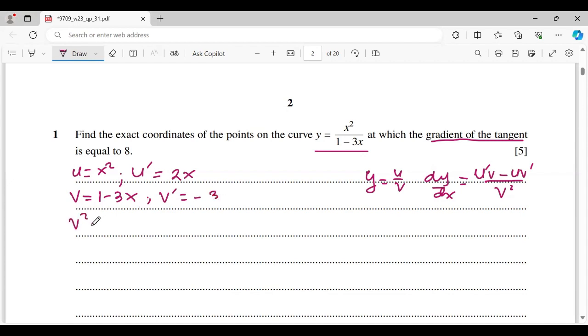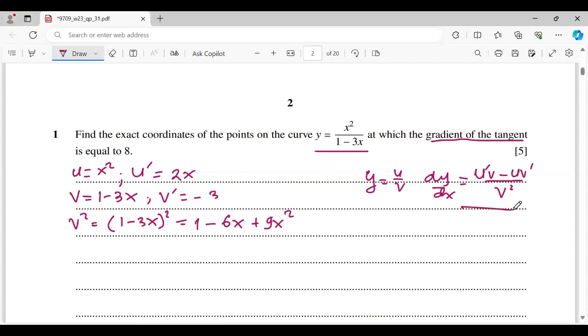And v squared, 1 minus 3x squared, is 1 minus 6x plus 9x squared.